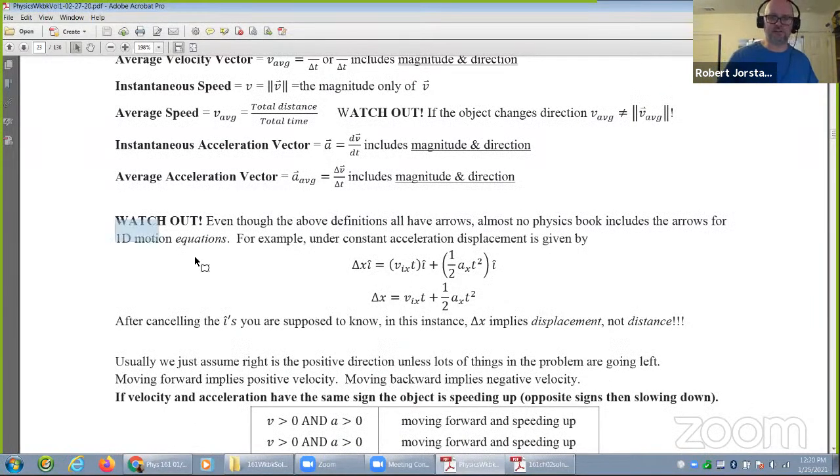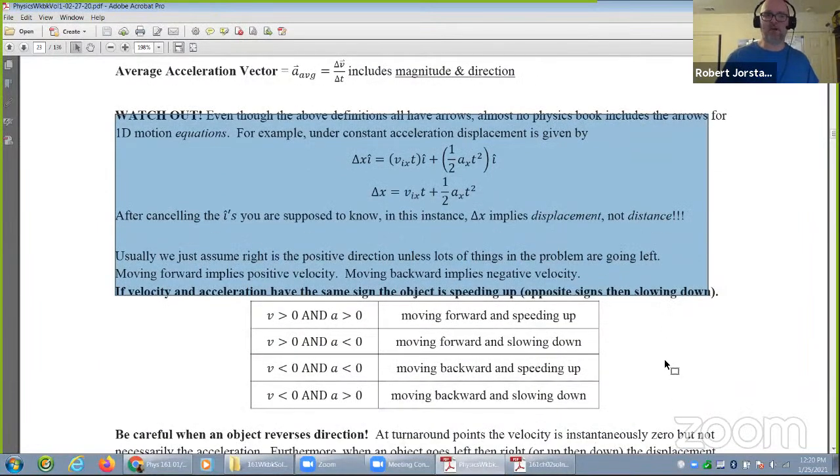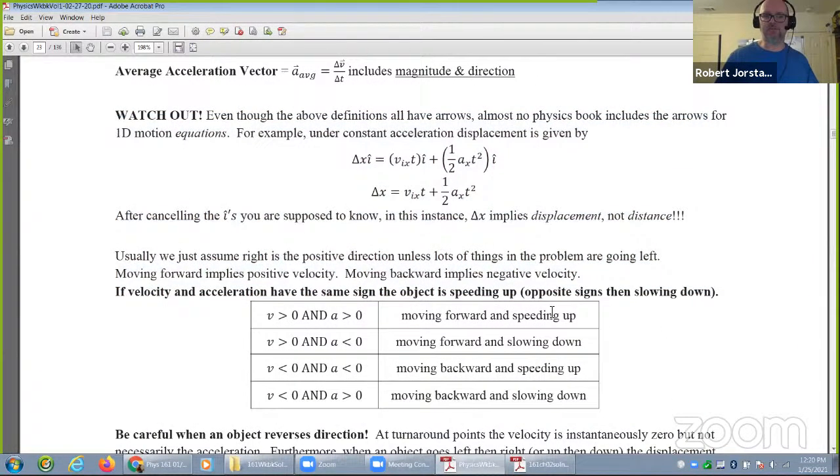Here is some of the review for what I was just saying. I forgot to mention this, moving forwards and moving backwards. Typically, moving forward usually means plus i hat or plus j hat, basically the positive direction.